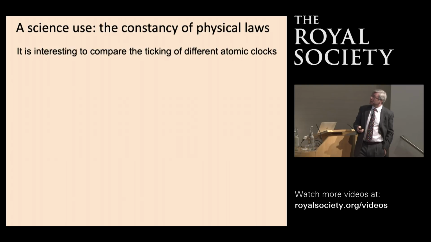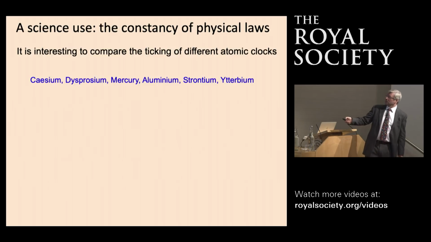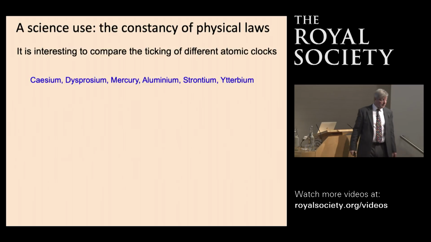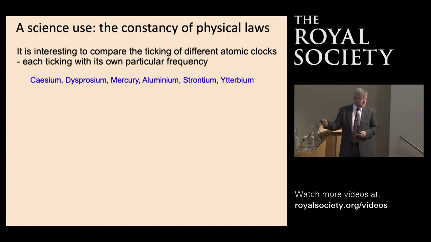People have compared the ticking of different atomic clocks. All of these atoms can be used to make clocks: cesium, dysprosium, mercury, aluminium, strontium, ytterbium. The ticking of the clock has a different rate in each one of these atoms. Some of them are quite low, like cesium. Some of them are very fast, like strontium. But these clocks all tick, each with its own particular frequency.